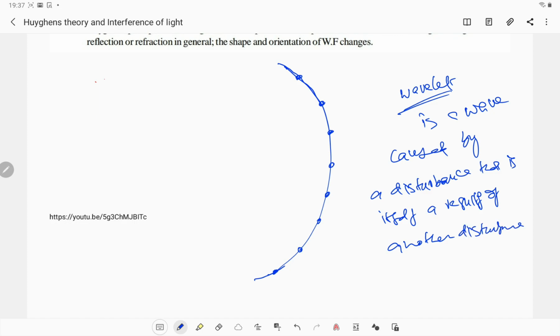This is a wavelet. Therefore, according to the first point of Huygens theory, every point on the primary wavefront acts as a source of secondary wavelets.